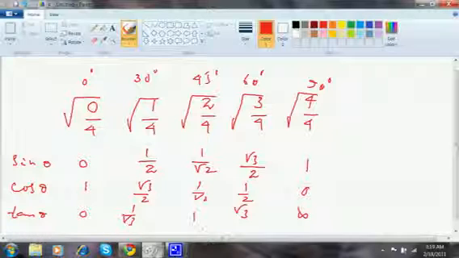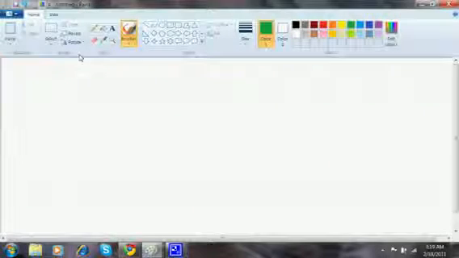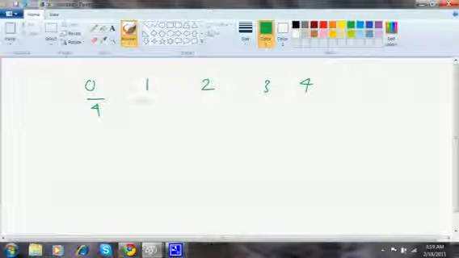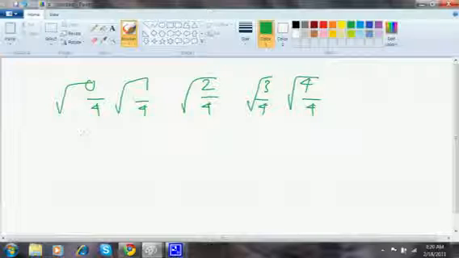Let me explain how you remember the values. So just write 0, 1, 2, 3, 4, divide every term by 4. Finally, place a root over. 0 by 4 is 0, root of 0 is 0, 1 by 4 root is 1 by 2, so this is 1 by root 2.